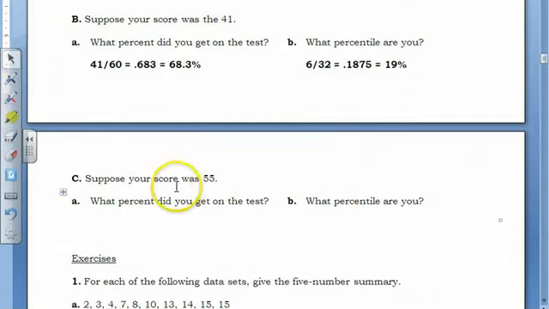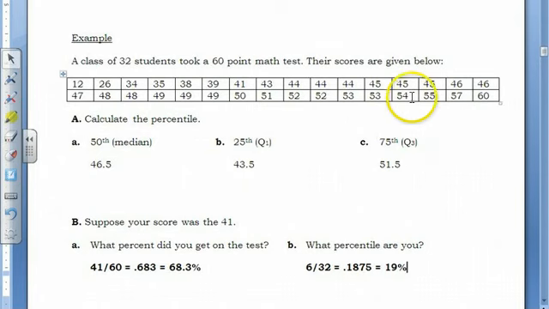The next one says you're the 55. Same questions, what percent did you get? What percentile are you? So the 55 is here, and I know that there's 32 students, 31, 30, so I scored better than 29 students.